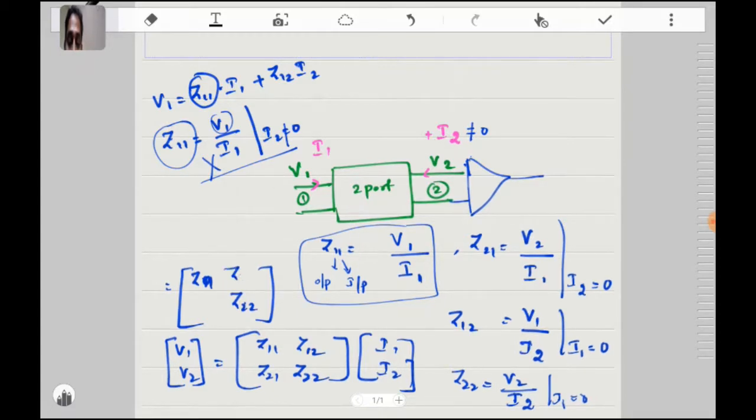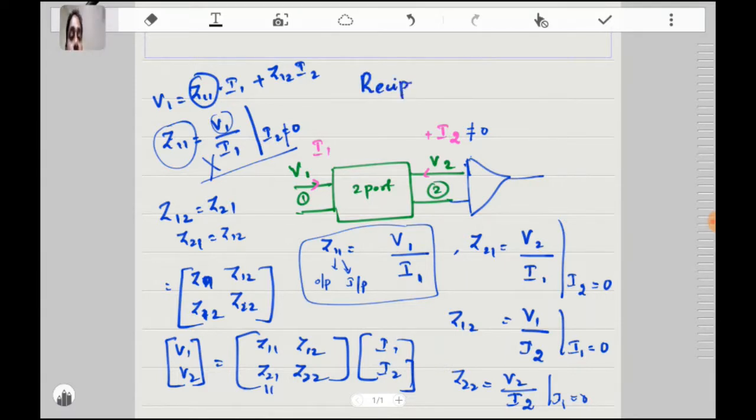If Z12 is there as it is, if you write Z21 equal to Z12, if both are the same, then we call this a symmetry device or reciprocal.